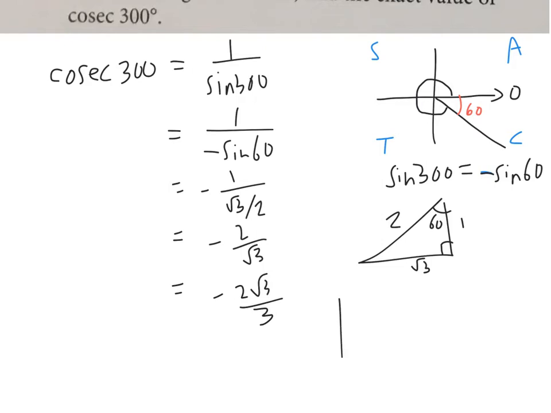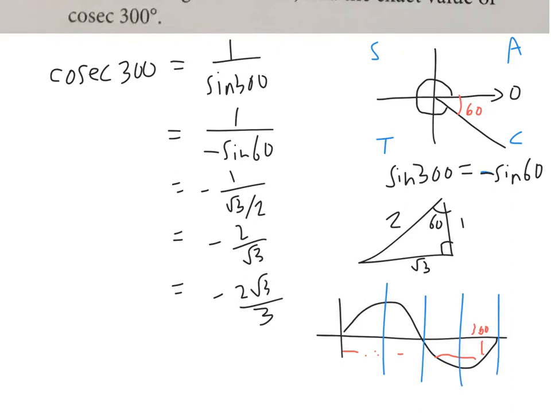Just to add to that, remember your sine graph looks like so. We are trying to work out what the value of sine 300 is. That's where 300 is there. Now that is not in the first or the second or the third, but it's in the fourth quadrant, that 300.